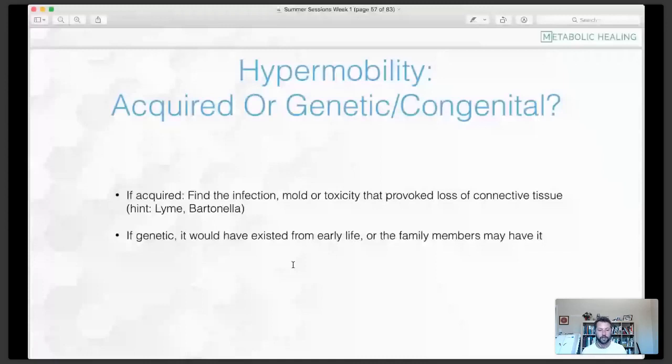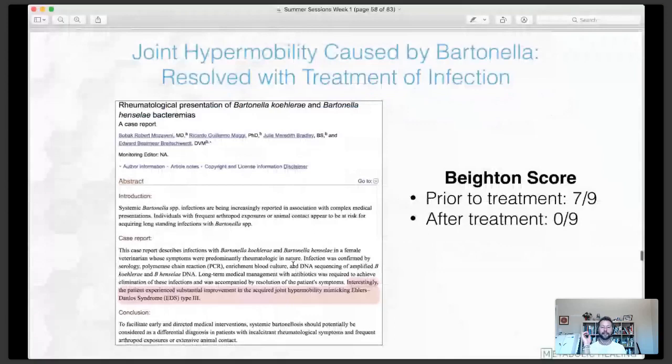This is a study published last year on Bartonella. This is a veterinarian who showed the symptoms of type 3 EDS, Ehlers-Danlos syndrome, type 3, the most severe form, causing a shortened lifespan. You'll die before the age of 35 because of your vascular system. Guess what? It wasn't EDS type 3. She was infected with Bartonella from fleas because she was dealing with animals all day.